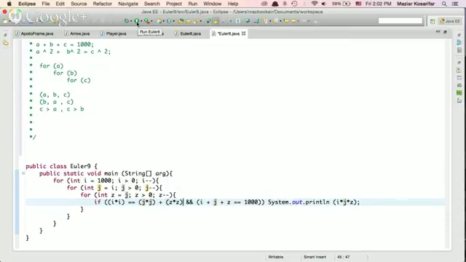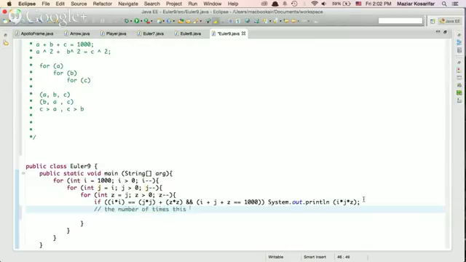And the number of times that this if condition is checked is greatly less than 1000 to the power of 3.